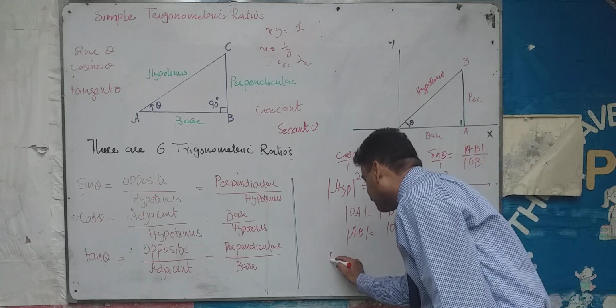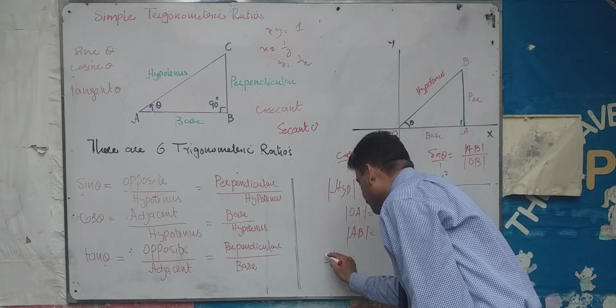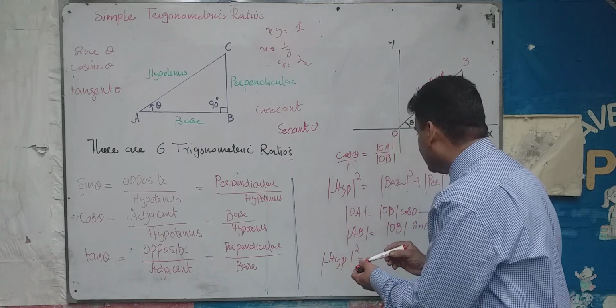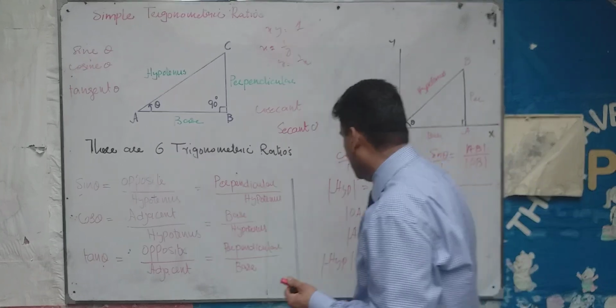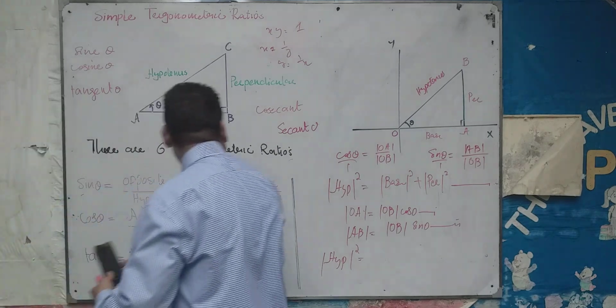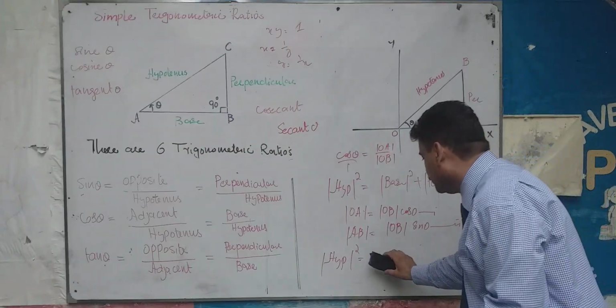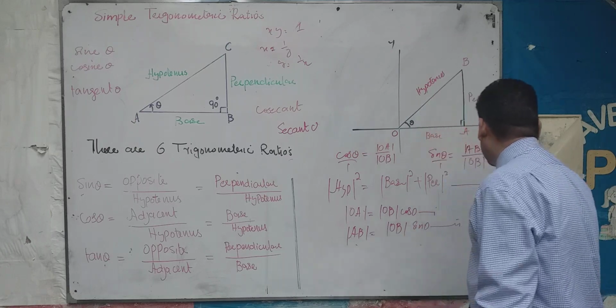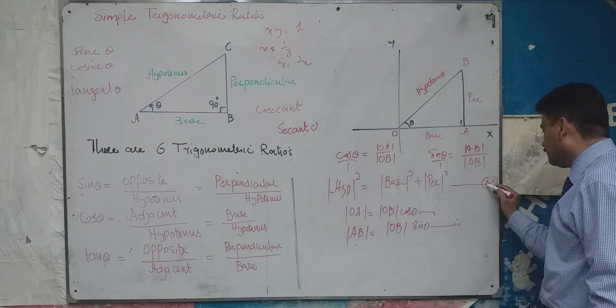Square of hypotenuse. We write hypotenuse, which is represented by OB. We call it Pythagoras theorem.